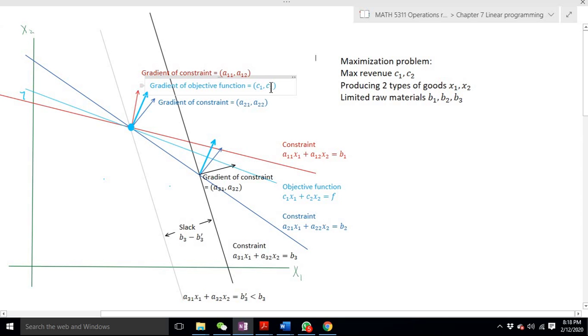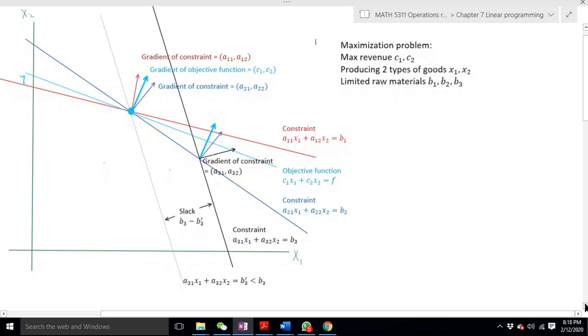So that means C1, C2 is V1 times this plus V2 times this. Now actually that's again a system of two equations and two unknowns. C1 is V1A11 plus V2A21. C2 is V1A12 plus V2A22. We've written that down here, I believe.